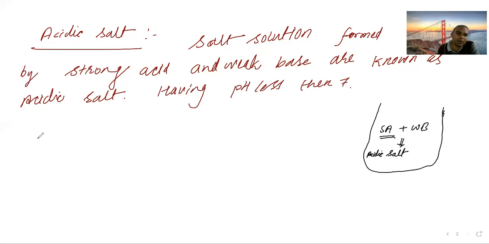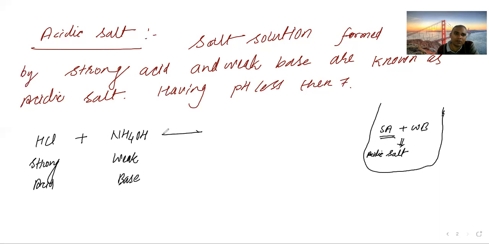For example, take HCl. HCl is a strong acid. Now, when you are treating with the weak base NH4OH, this is the weak base. So if you are treating these two, what is going to happen? Acid and base reacting means they have to form salt and water.